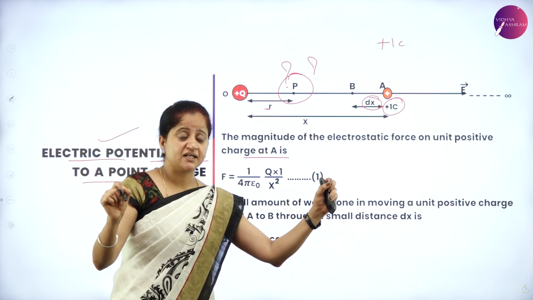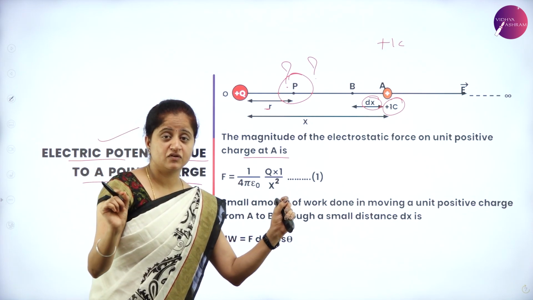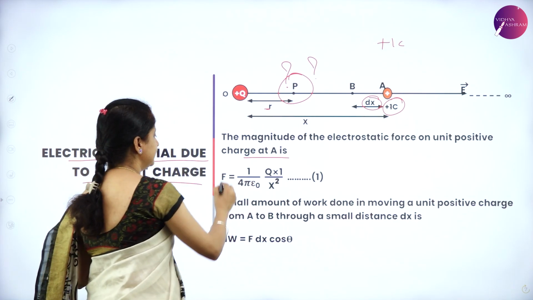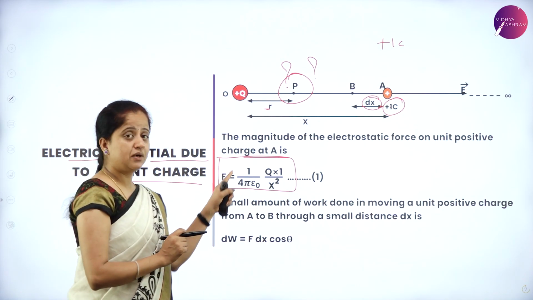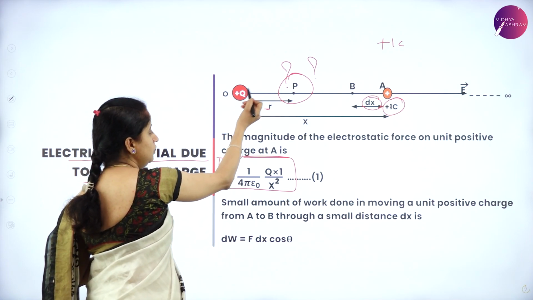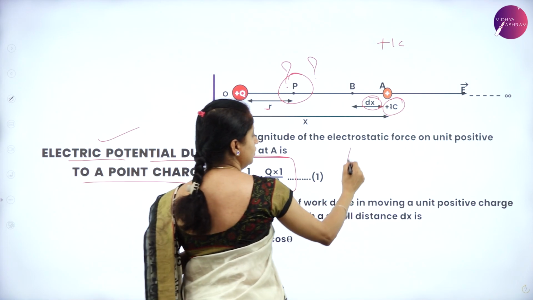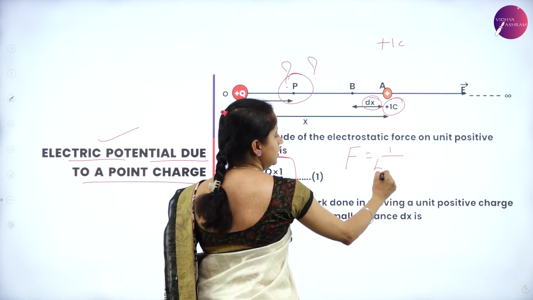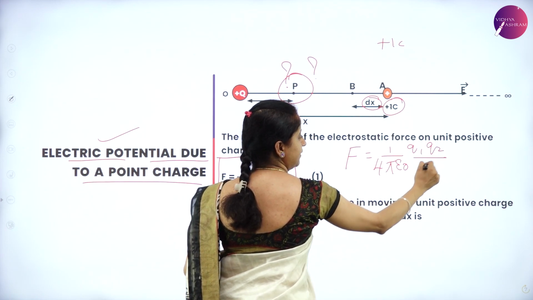Here I have plus Q charge, here I have plus 1 coulomb, which means I have two charges. When there are two charges and they are separated by a distance, then there exists a force between these two charges, and that can be written with the help of Coulomb's law, that is F is equal to 1 by 4 pi epsilon naught Q into 1 divided by x square. Why? Because Coulomb's law says that F is equal to 1 divided by 4 pi epsilon naught Q1 Q2 divided by R square.